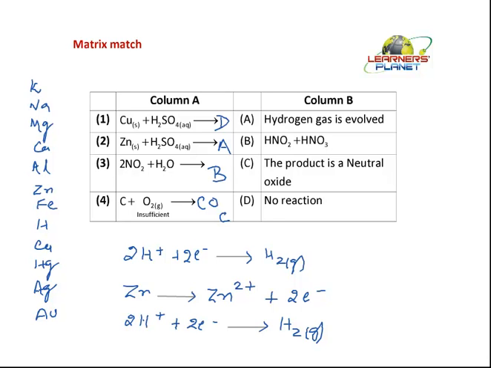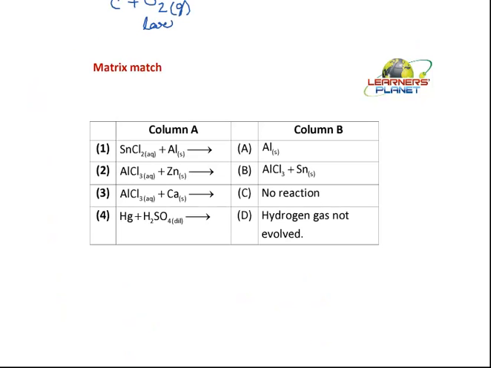Had it been sufficient oxygen or a large amount of oxygen gas, then what would have been the product formed? The product formed would have been carbon dioxide, which is an acidic oxide. So here the product I'll write as carbon dioxide, and it is an acidic oxide.